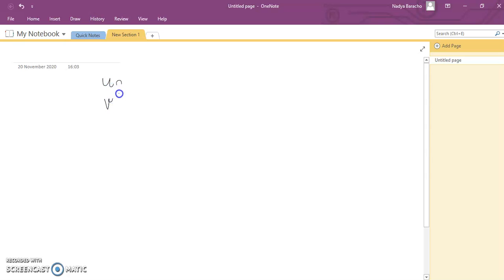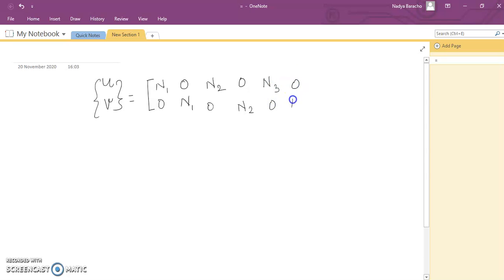So we had u and v given by the shape function matrix into the column vector q1, q2, q3 up to q6.